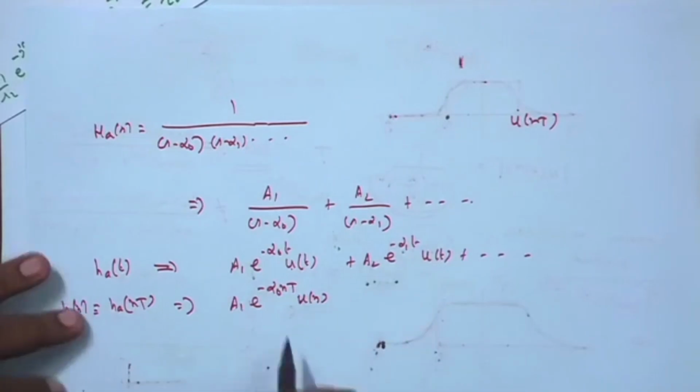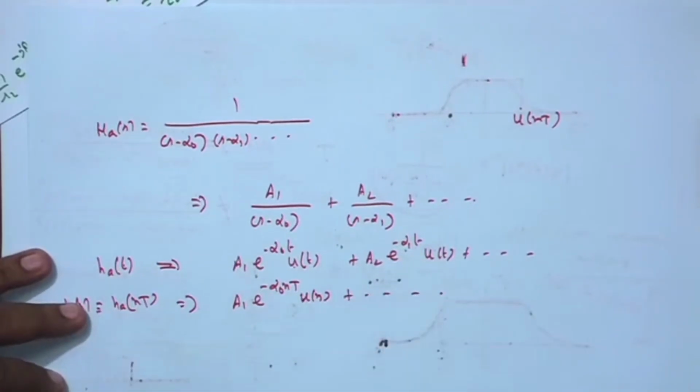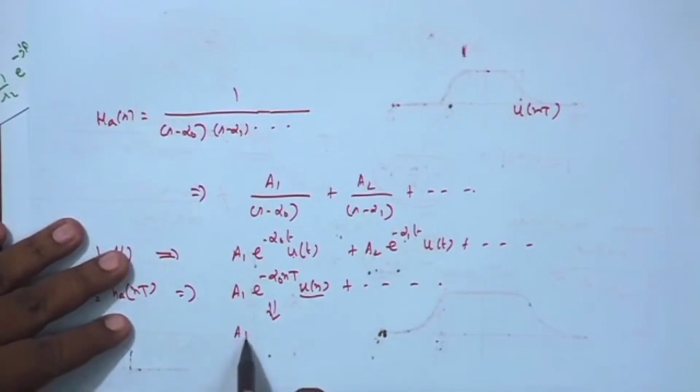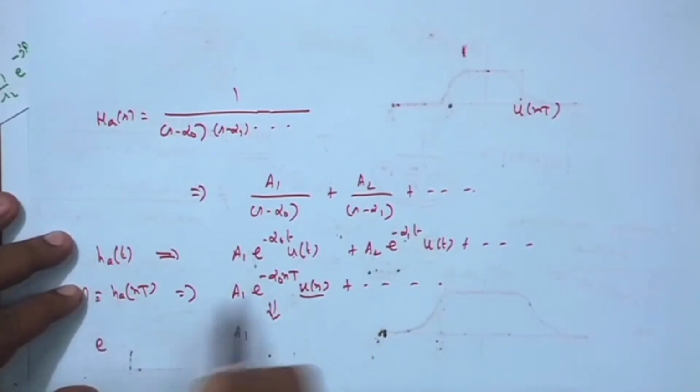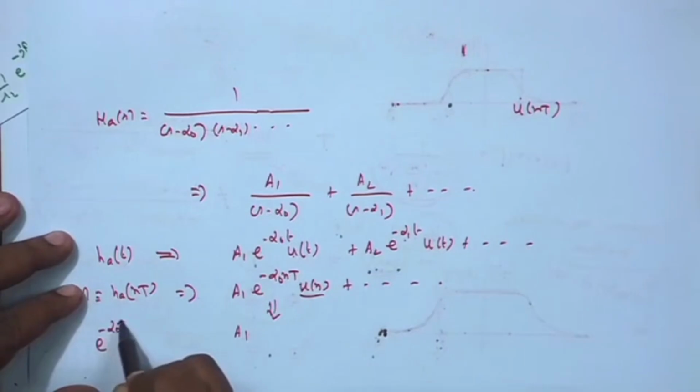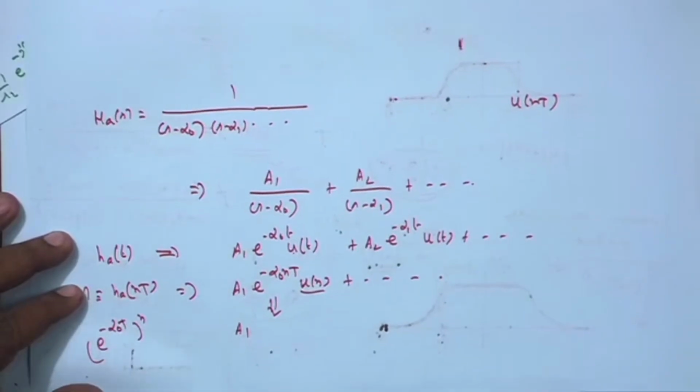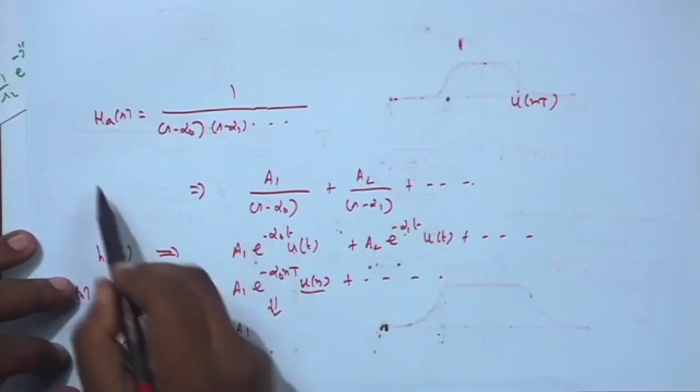So, you get the same as u[n]. If you take the Z transform of this, because of u[n] it will be A1 over 1 minus e to the power minus alpha 0 T z inverse, with e to the power minus alpha 0 T having magnitude less than 1.